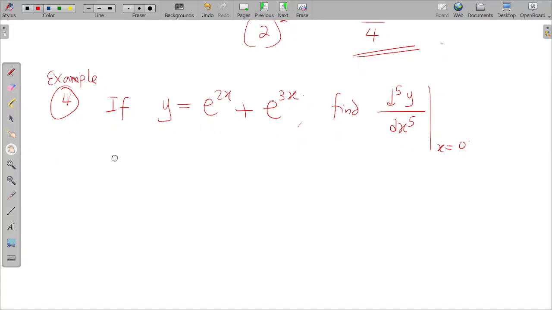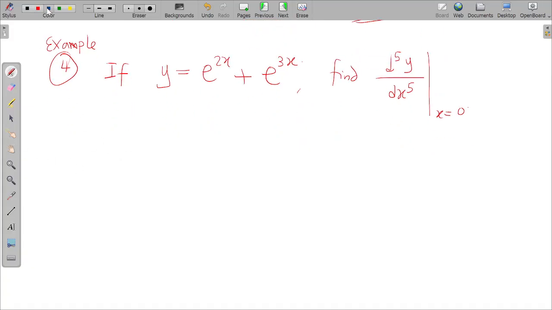All right. To find this one, again, we find the first derivative, which is dy over dx. That one gives us e^(2x) multiplied by 2 plus e^(3x) multiplied by 3. So we have 2e^(2x) plus 3e^(3x). Okay, that is the first derivative.